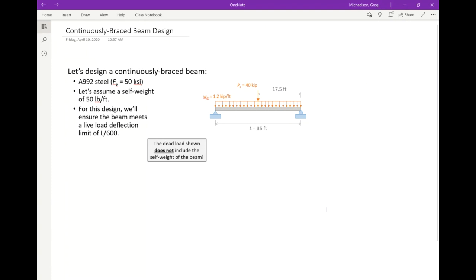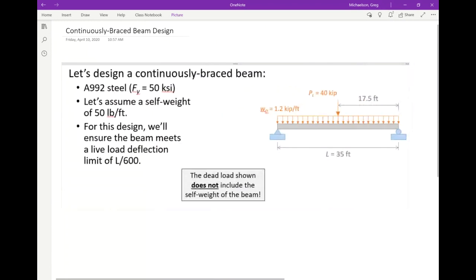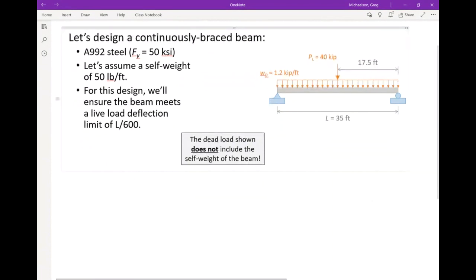Okay, so we have a beam that is a continuously braced beam. We're going to design it as follows. Let me make this a little bigger so it's a little easier to read. Okay, so let's look at a couple things. Let's look at each of these forces, and let's see if we can do our analysis in a somewhat straightforward fashion.